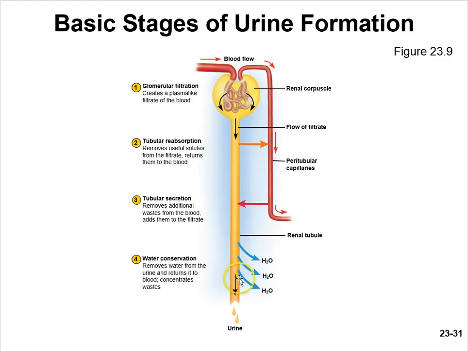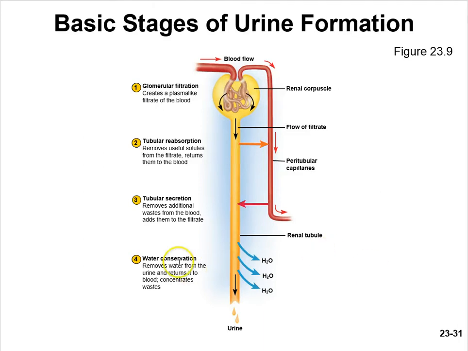Then water conservation. This is our body's way of keeping the amount of water balanced. So either here we're going to conserve water by putting it back into the blood, or we're going to leave it in the tubule and send it to the collecting duct and urinate it out. This is also called concentrating wastes. If you are pretty dehydrated, you'll notice your urine is also quite concentrated.